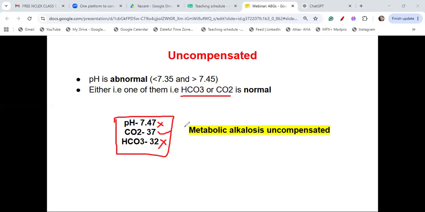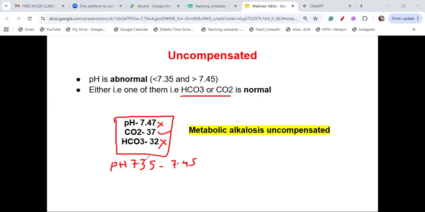But the mainstay remains. You must interpret the way you've been interpreting. So let us interpret. I know the answer is there, but just to help us arrive at the answer, I said always write your parameters. pH 7.35 to 7.45.